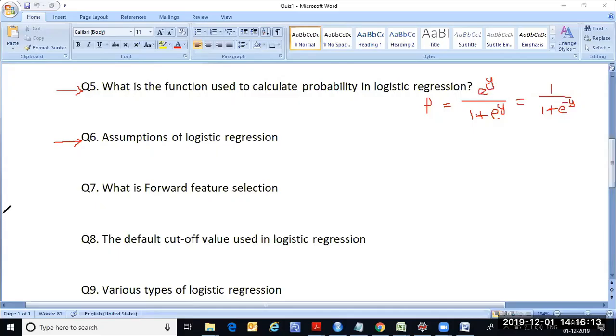What is forward feature selection? Where did we discuss this? What is forward feature selection? Come on, guys.